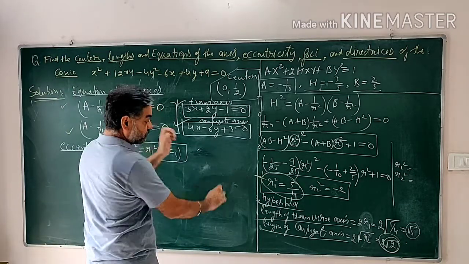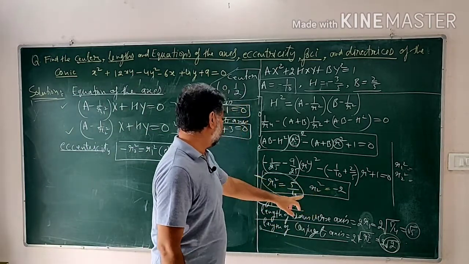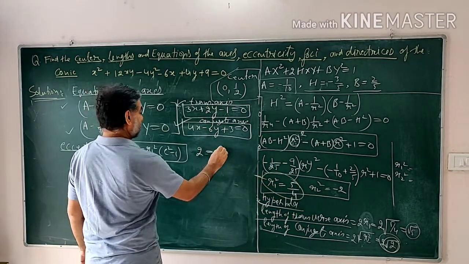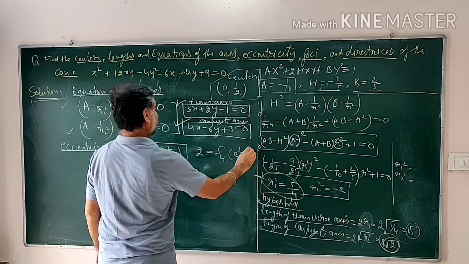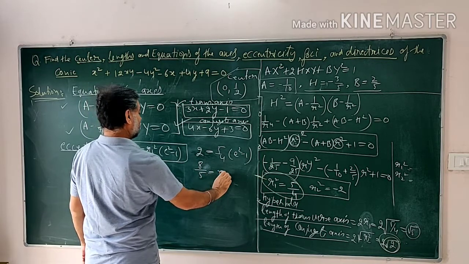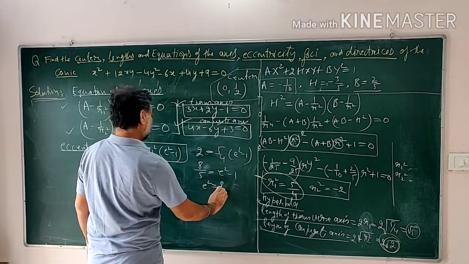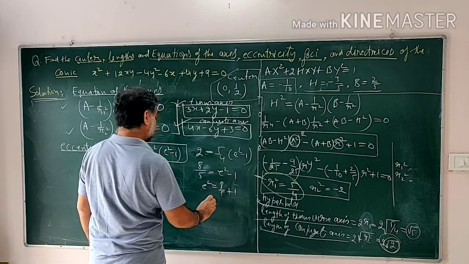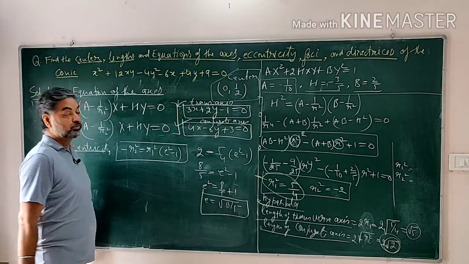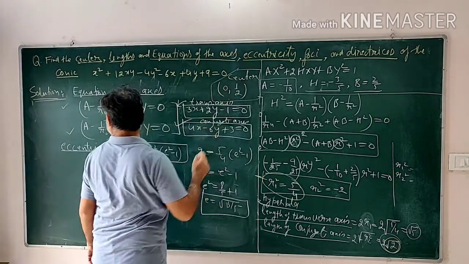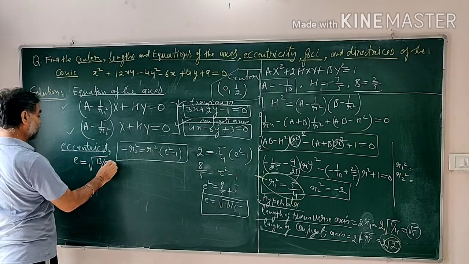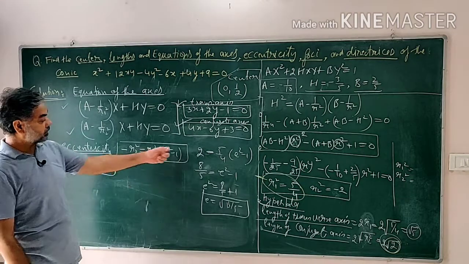Minus r2 square, which is 2, is equal to r1 square, 5 by 4, into (e square minus 1). So e square minus 1 is equal to 8 by 5, and e square is equal to 13 by 5, which gives e equal to root of 13 by 5. So the eccentricity is root 13 by 5, and this is how we find it.